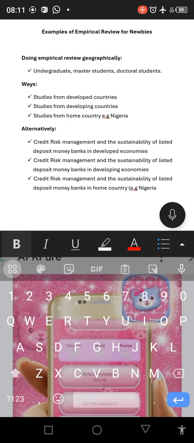For the master's students and doctoral students, this set of people can do their empirical review either geographically or objective by objective. This most of the time also depends on their department rule, the school policy, and what the supervisors want for them.